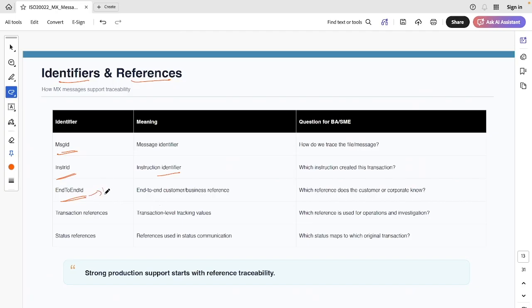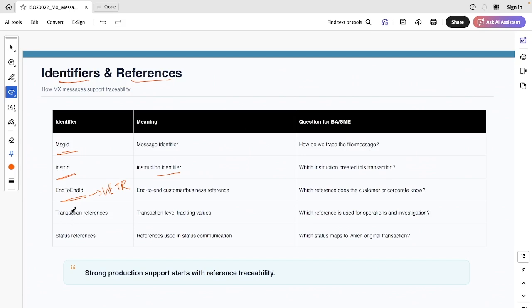In this case, UETR plays a big role. UETR is the unique end-to-end transaction reference, which is used strongly in payment tracking, especially in SWIFT gpi and cross-border context. It's a UUID style reference that helps track a payment across a chain.